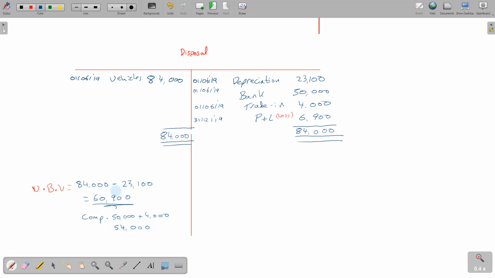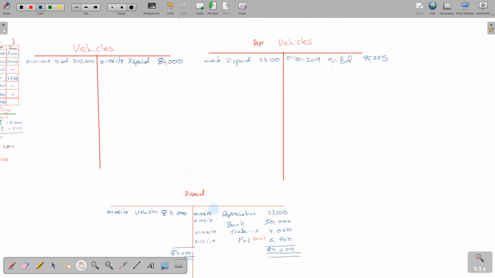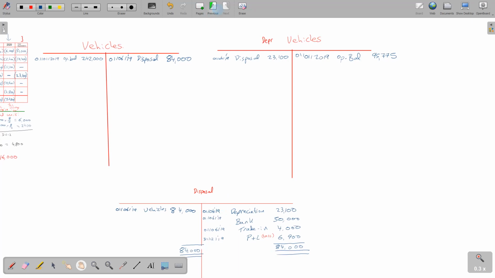So the value of the vehicle now is 60,900. We only got 54,000. So to make up the difference, we made a loss of 6,900, and that's where the figure comes from. So you can think about it in net book value terms if it's easier for you, but you still have to create the T account, as that's what was required in the question.